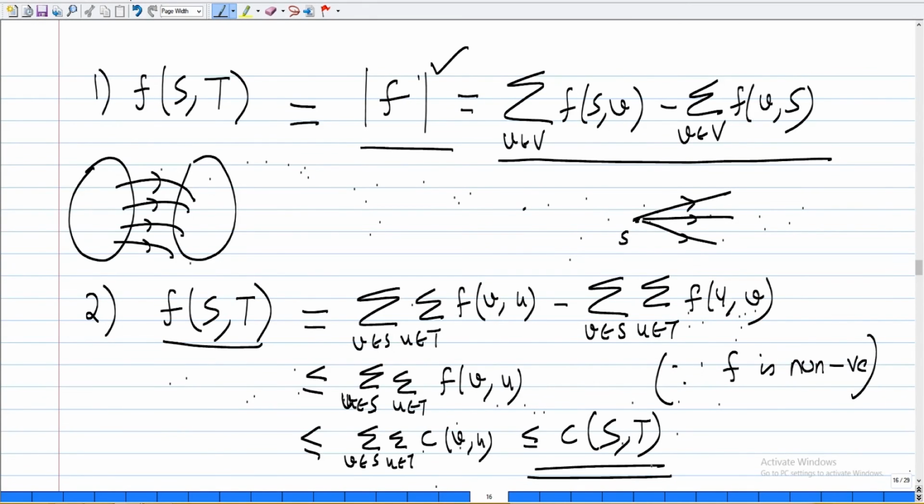What I did not emphasize, which I will emphasize now, is that for any S and T cut, the value of the flow is less than or equal to the value of any ST cut.